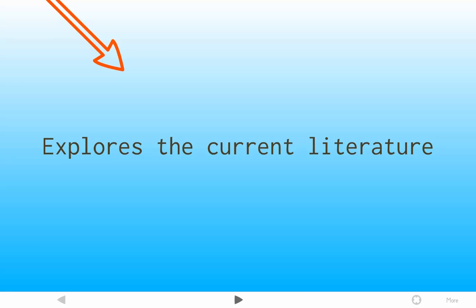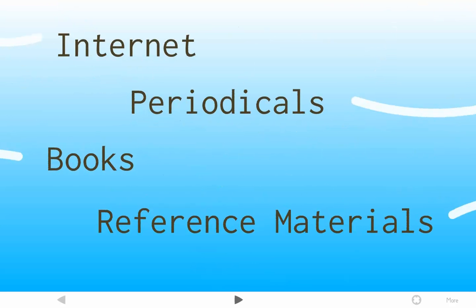Maybe they got an article published and then they end up turning that into a book in a couple of years, and then maybe someday if it's really important research it ends up in a reference book. So these things kind of filter through. And so periodicals are going to be your current literature, things that are happening in the field now. And then way at the top of that top level is the internet.